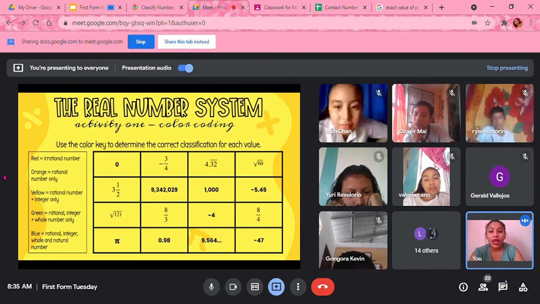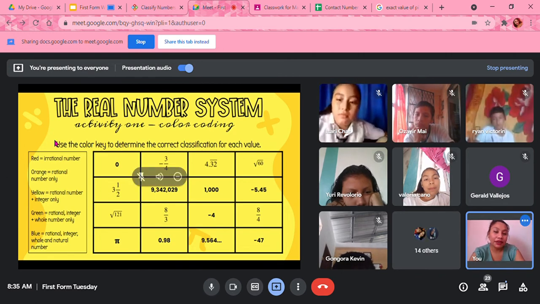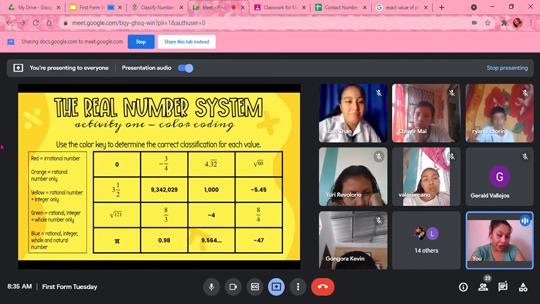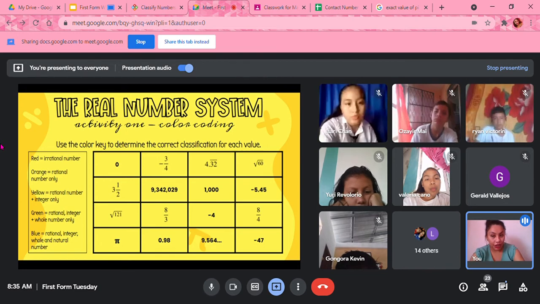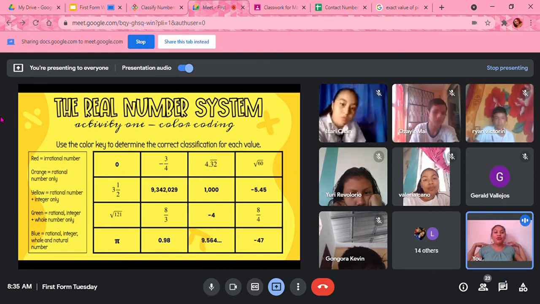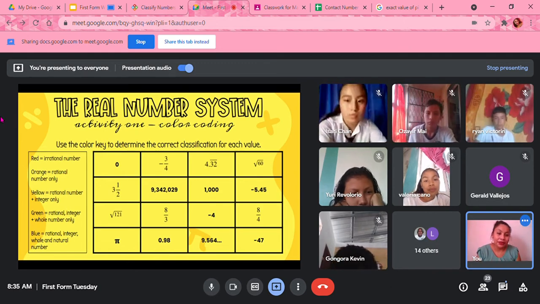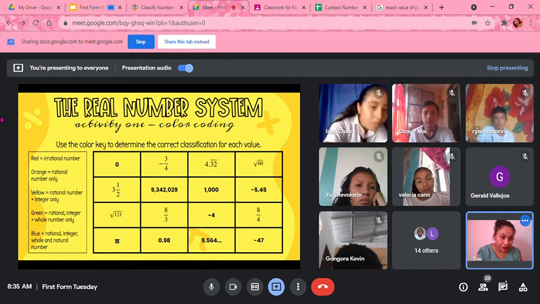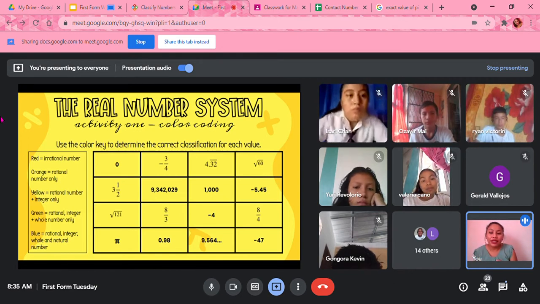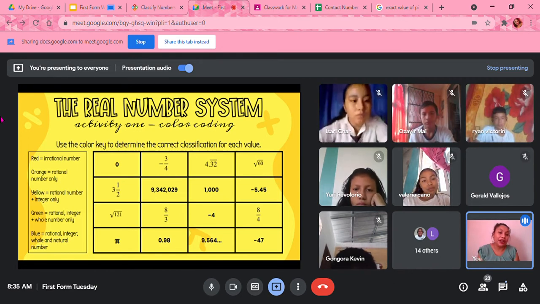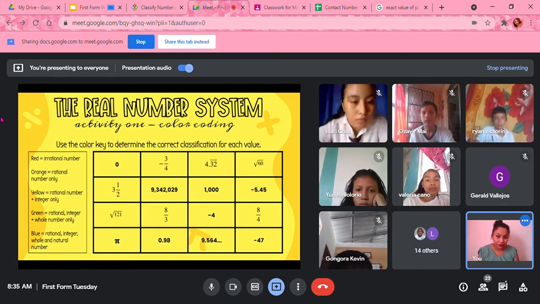All right. So this first activity is color coding. Use the color keys to determine the correct classification of each value. And I have that red we're gonna color code. So you are gonna tell me which ones to color, and I'm gonna be coloring them. So red is for numbers that are irrational. All right?